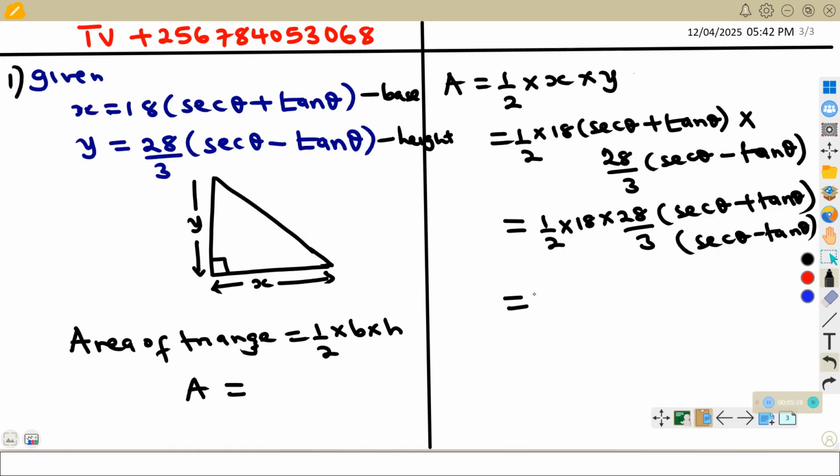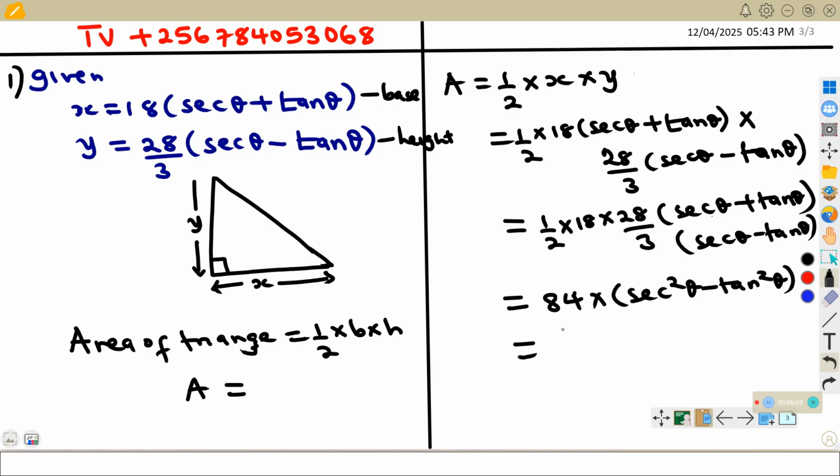Looking at this, let us first simplify: 18 times 28 divided by 6, we shall be able to get 84. Then we multiply sec theta plus tan theta into sec theta minus tan theta. This is a difference of two squares, so it is the same as sec squared theta minus tan squared of theta.